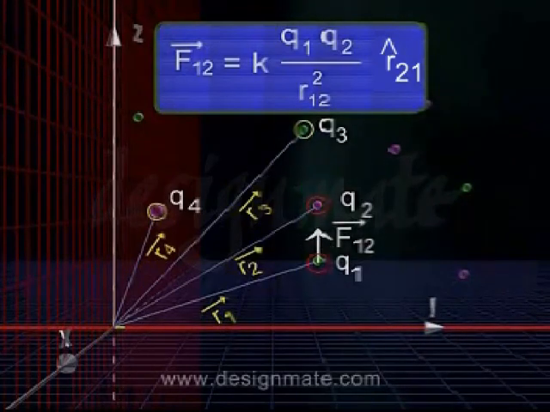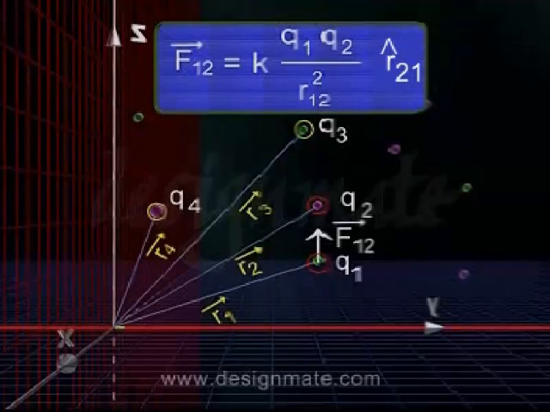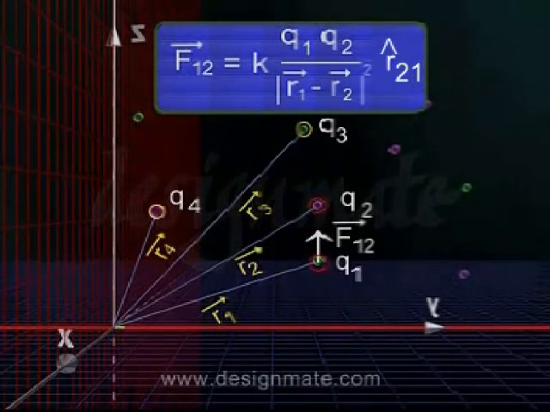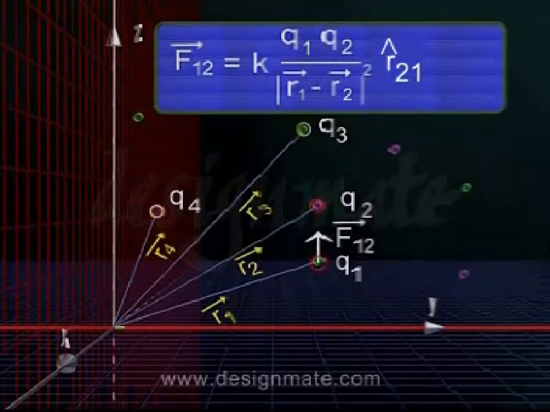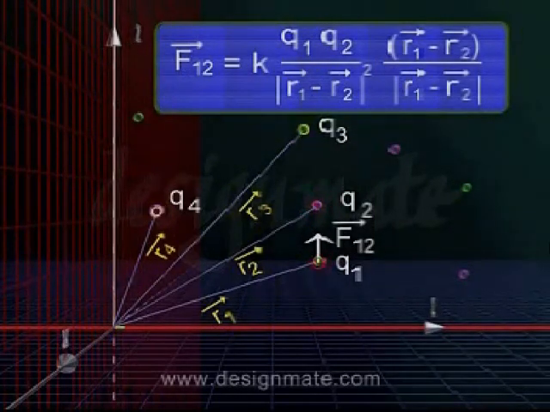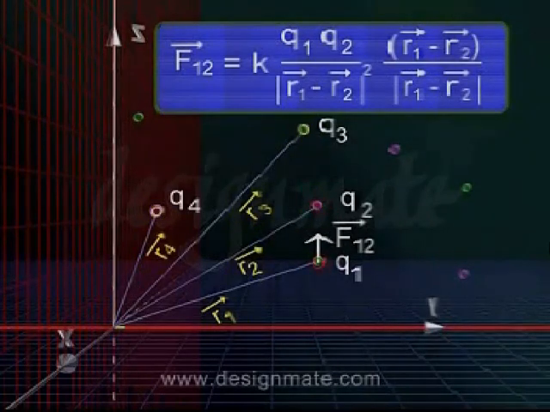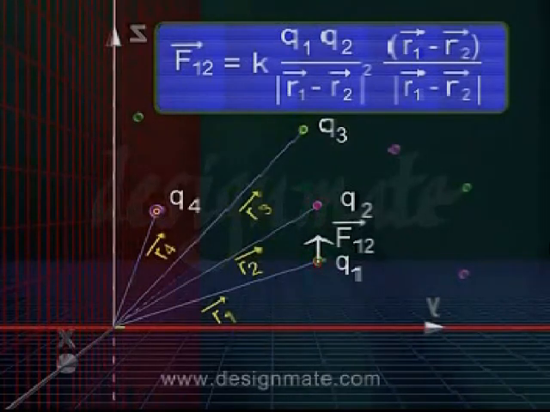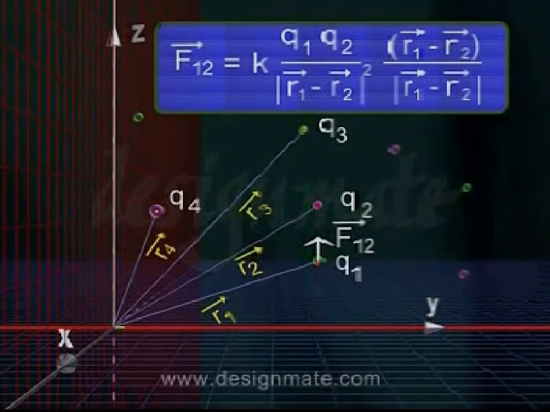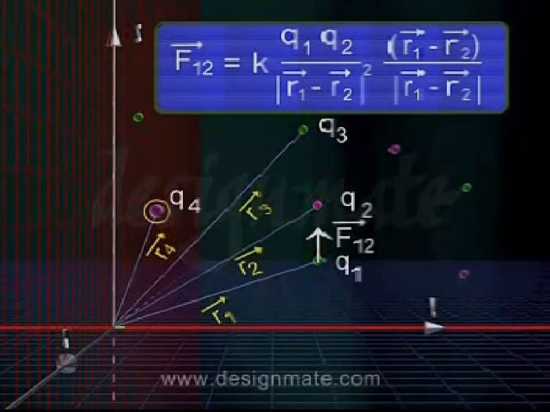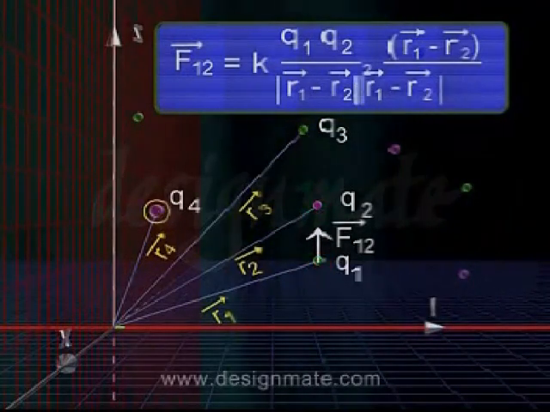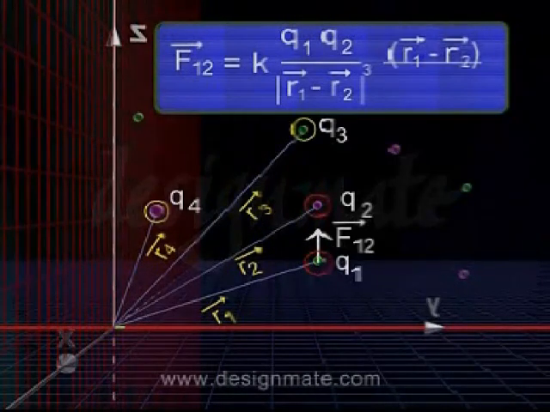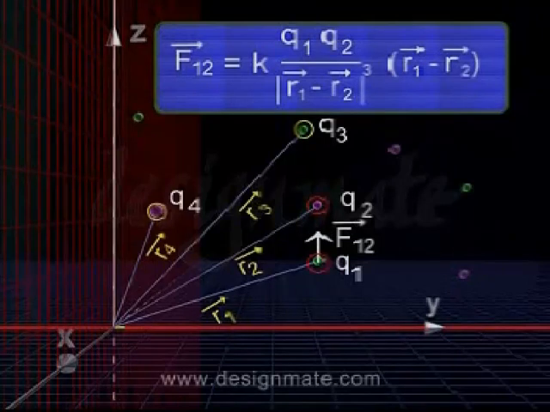That is equal to K into Q1 Q2 upon modulus of vector R1 minus vector R2 squared, into vector R1 minus vector R2 upon modulus of vector R1 minus vector R2. Therefore, vector F12 is equal to K into Q1 Q2 upon modulus of vector R1 minus vector R2 cubed, into vector R1 minus vector R2.